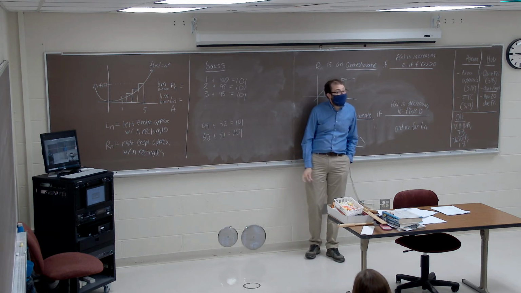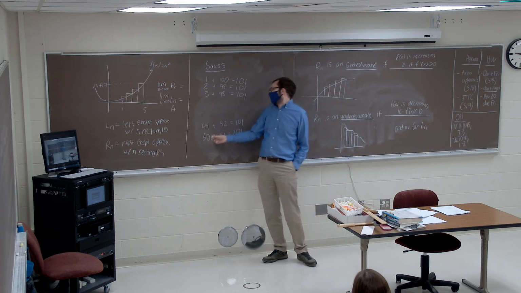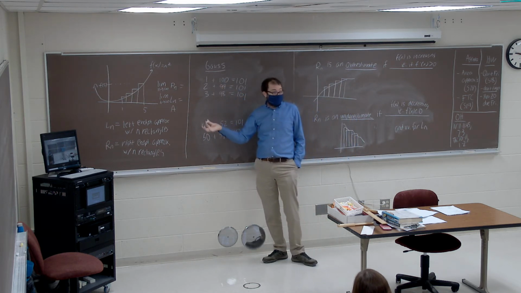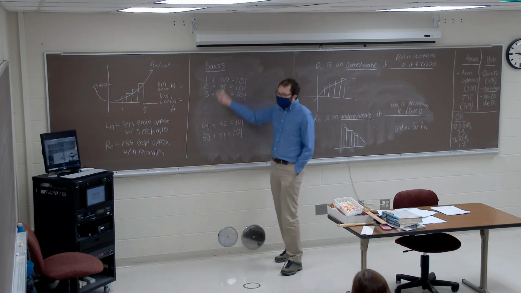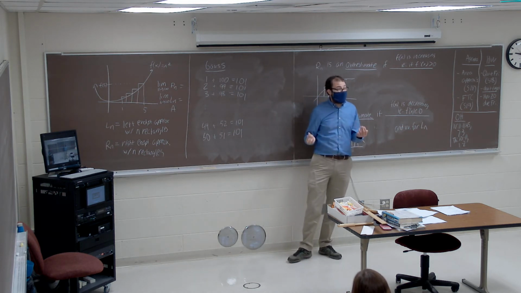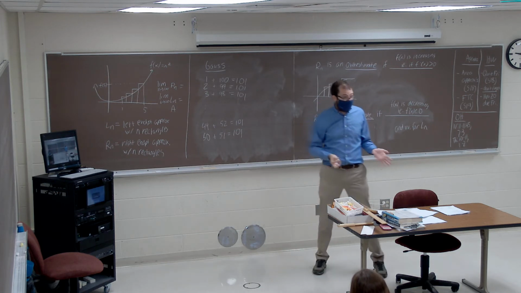So instead of adding 1 plus 2 plus 3 all the way up to 100, what he did instead was he said, well, it doesn't matter the order in which we add all of these integers together. The order doesn't matter as long as we get all of them in there.